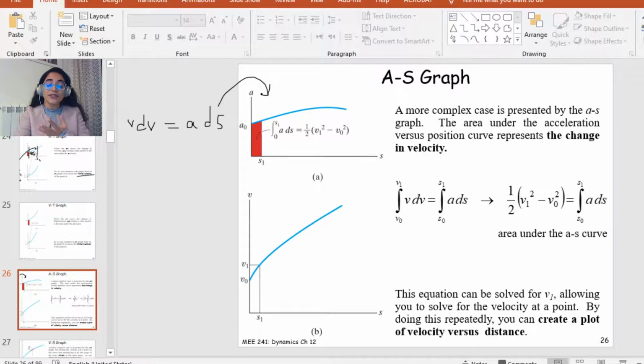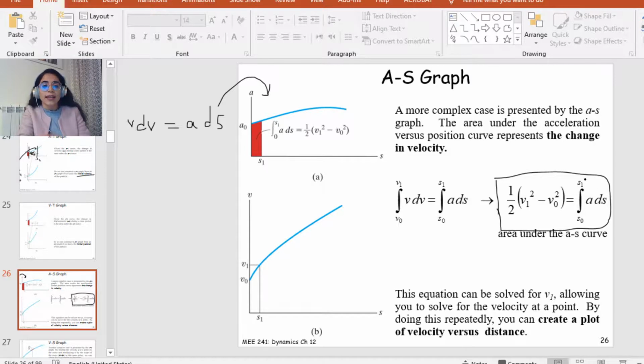Alright, so what is v dv? If I do the integration between point 0 and 1, then this will be half v1 squared minus v0 squared is equal to what? It's equal to the integration of a ds between s0 and s1.